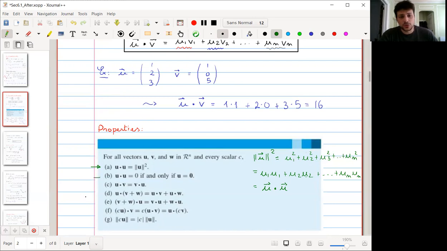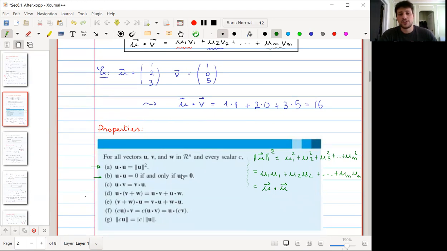The second one is also very important. Since U dot U is a sum of squares, just like we wrote down here, the only way that it can be 0 is that all of the squares in it are 0, because squares are positive. So as soon as one of these squares is non-zero, then U dot U is non-zero.